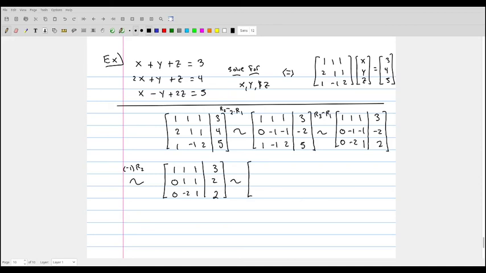And to get rid of this term right here, I'll just do 2 times row 2 plus row 3.